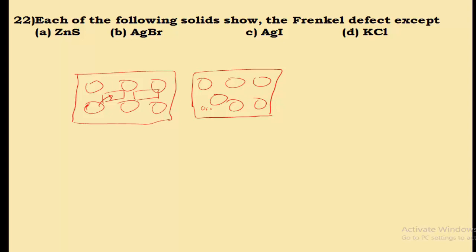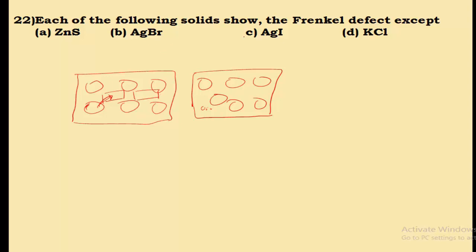For this defect to happen in a crystal, the ions must have smaller size. Means anions must have larger size and cations must have smaller size. Then only the cations will move to the interstitial site and cause the Frenkel defect. Here the cations and anions sizes are not the same. One is bigger and another one is smaller.